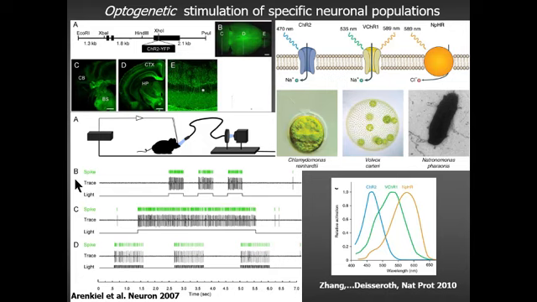And you can see that for each one of the light pulses in here, we can get a spike. And again, these are a few of the first papers. And now there are lots of different variants, both excitatory and inhibitory. And there's a lot of spectral choice, and there's also a lot of choice in kinetics.